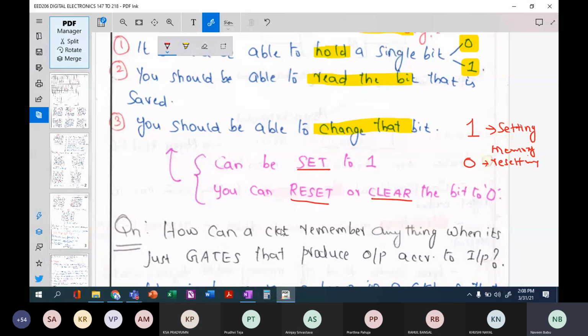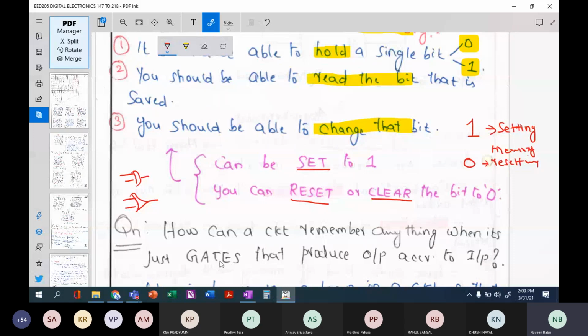Okay. Now the important question comes here. All we have studied is what? Gates only, right? We have studied AND gate, OR gate, NOR gate, NOT gate, etc., which means combinations of gates only. How do you expect that these gates can remember their output or remember their states? So the question here is, how can a circuit remember anything when it is just gates that produce output according to the input, right?